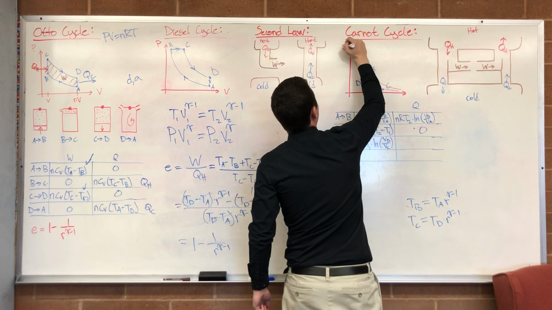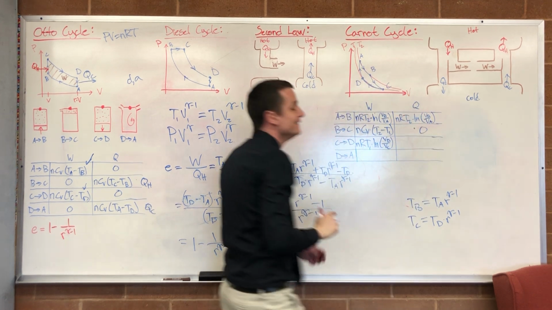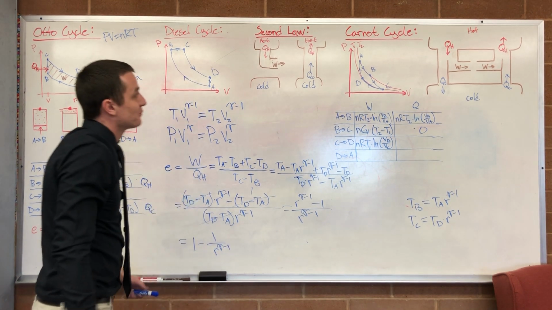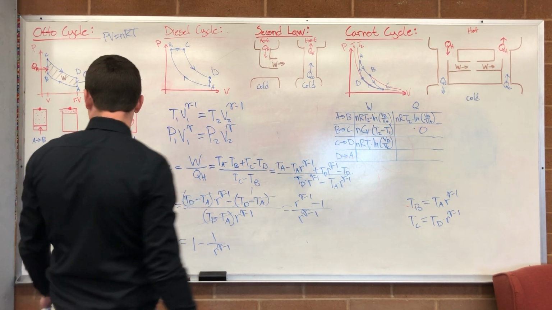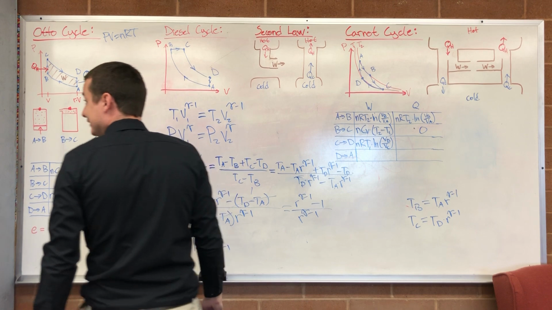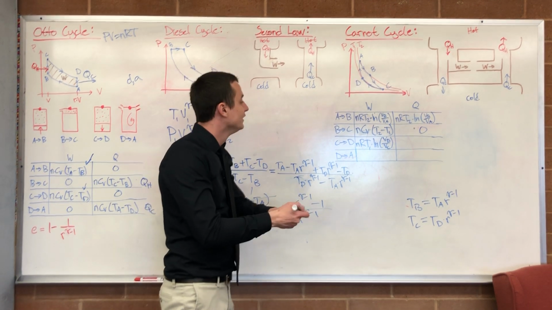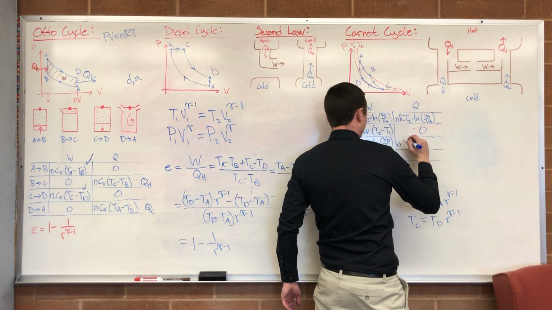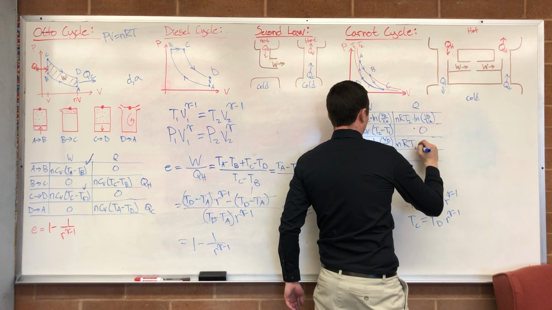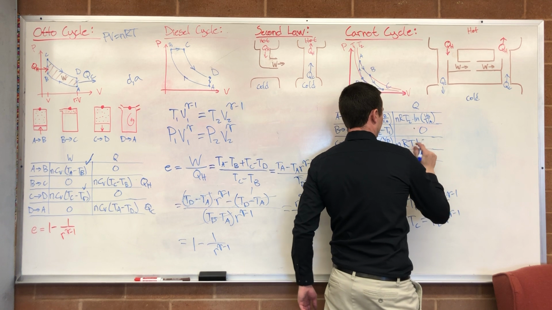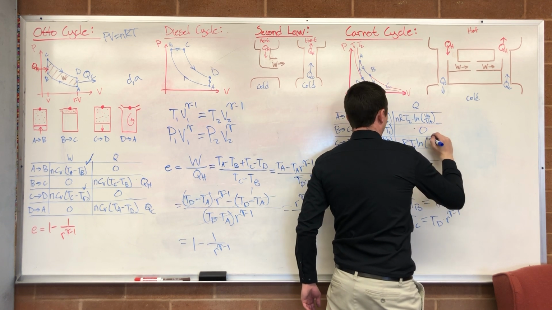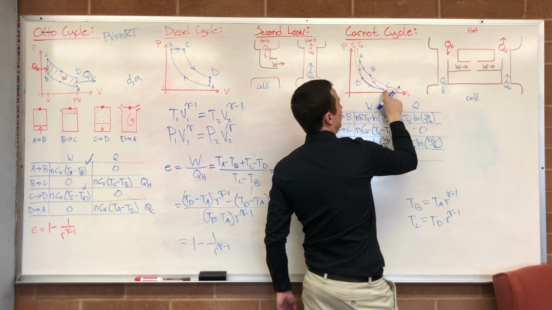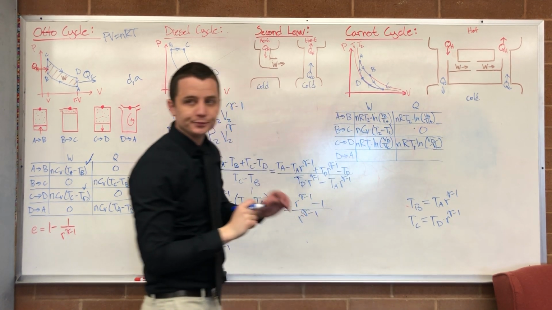This is pressure. This is volume. Sorry. Good eye. So weird. I didn't do that anywhere else, right? Anyways, and then this over here, same thing: nRT1 times natural log of VD over VC. And so once again, heat is leaving the system as it goes from there to there.